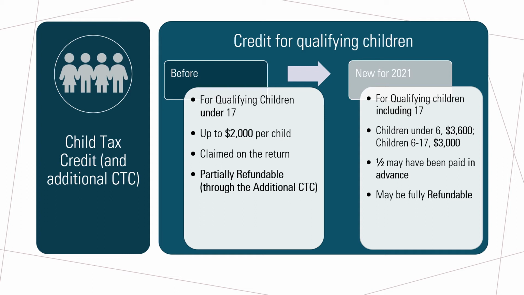So if at the end of the year they were 17, they would not get this credit. And then it was for up to $2,000 per qualifying child. And it was claimed at the time of the return. So people would get this money back with their refund.